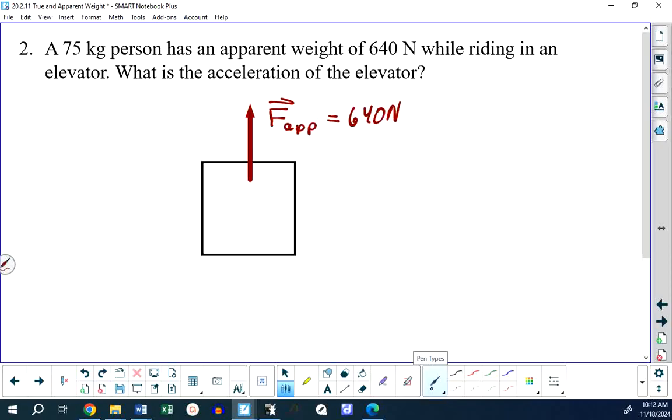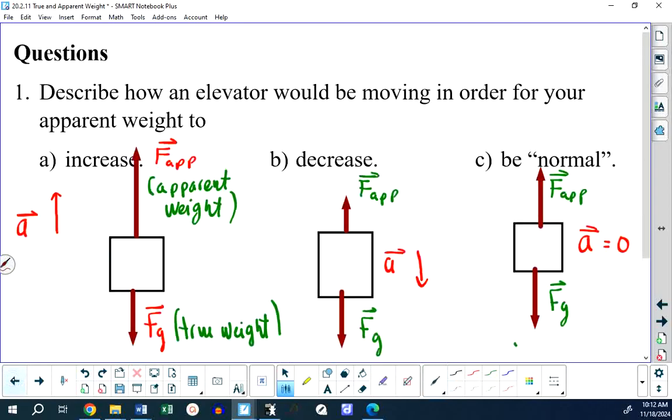I want to go back to those 3 diagrams and add something, and you can choose to add it or not. We may have even put it in before, but I don't think we did.